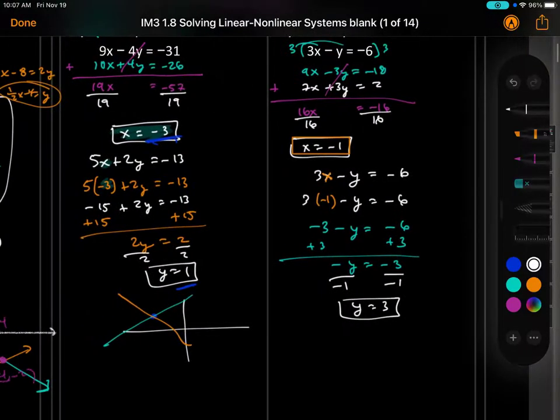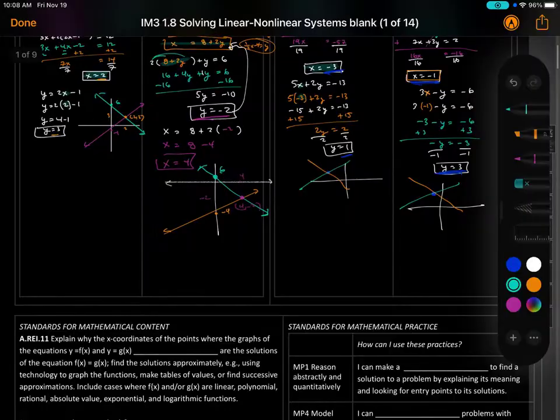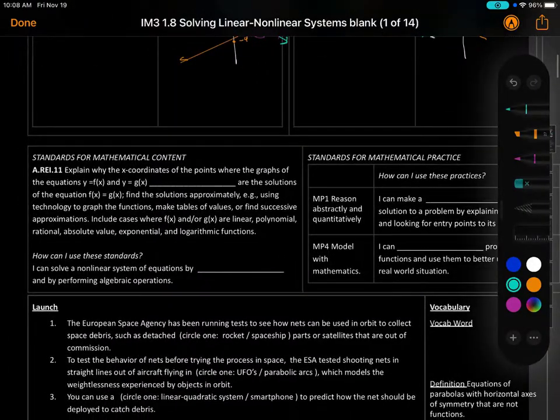So the intersection is -1, 3. And I just want to show you that the quick intersection of these two graphs is left 1, up 3.